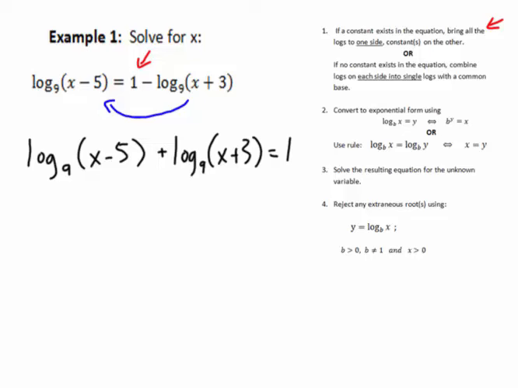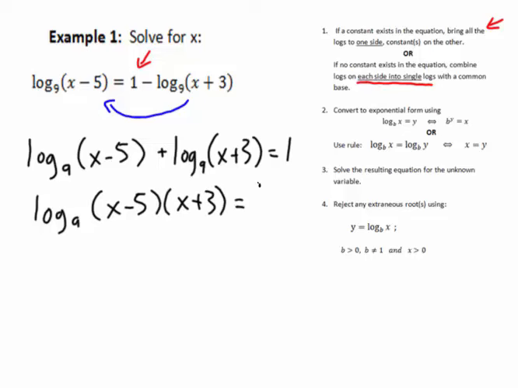Once they're all on one side, now we want to combine into a single logarithm using our established rules for logarithms. Well, they both have base 9, which means this sum can turn into a product of the arguments. Just multiply them together, and that gets us down to a single logarithm: log base 9 of x minus 5 times x plus 3 is equal to 1.